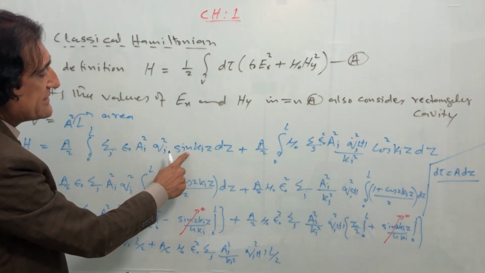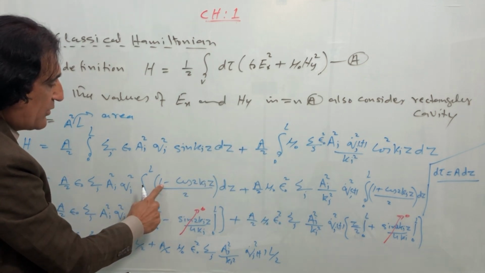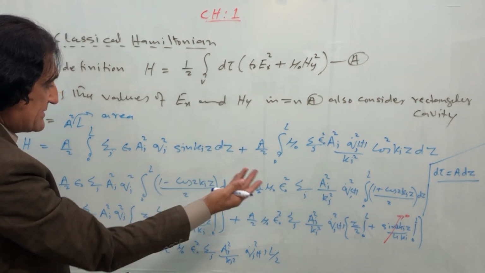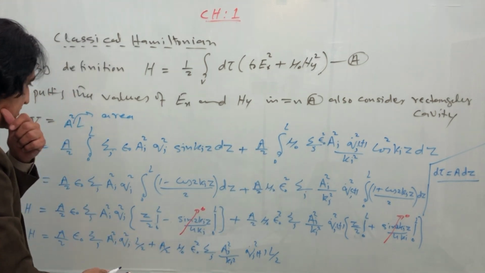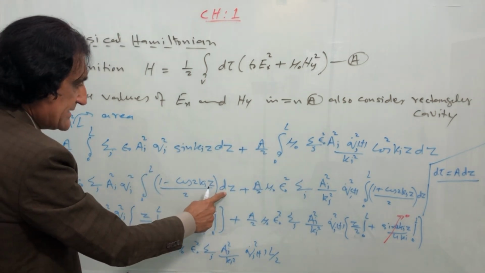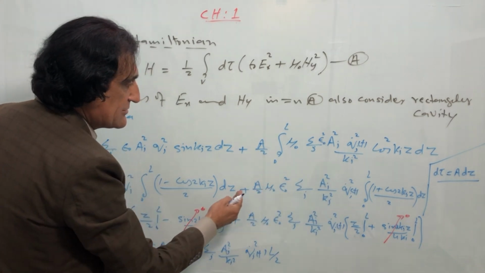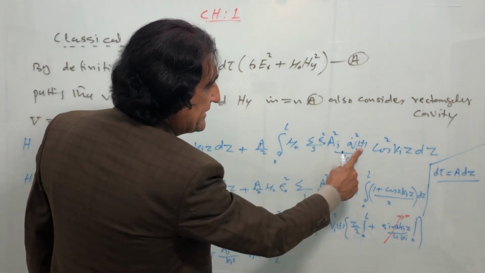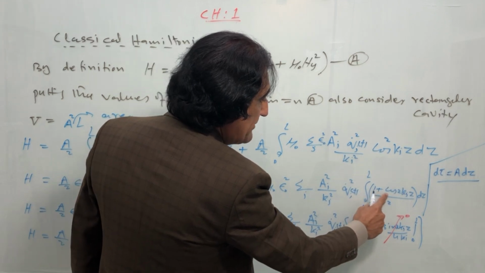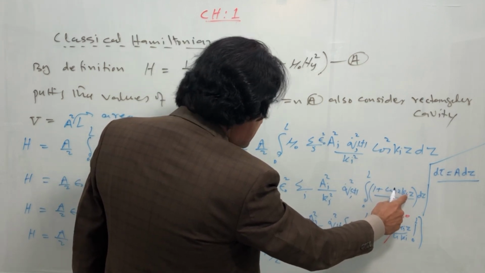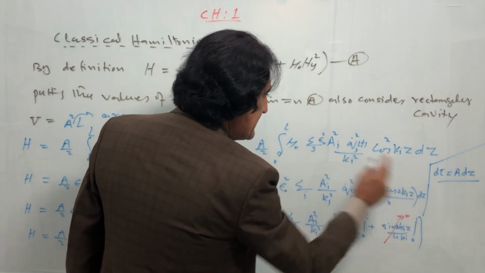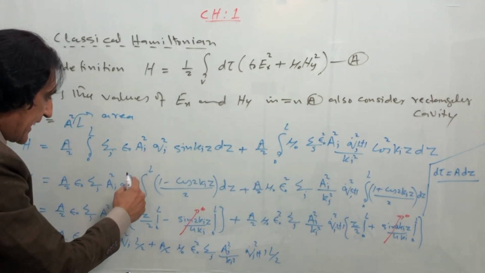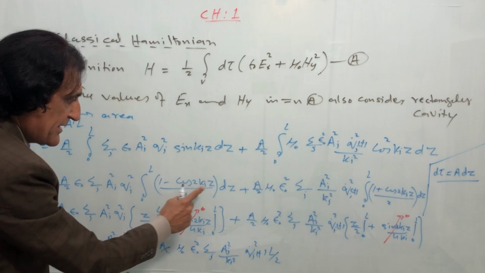We also know that sine square kz is equal to 1 minus cosine 2kjz divided by 2. This is a very famous equation. Then we can put dz, and we can also take these things outside the integration, and cosine square is equal to 1 plus cosine 2kjz divided by 2, with dz. Now we have to take the integration of this with dz.